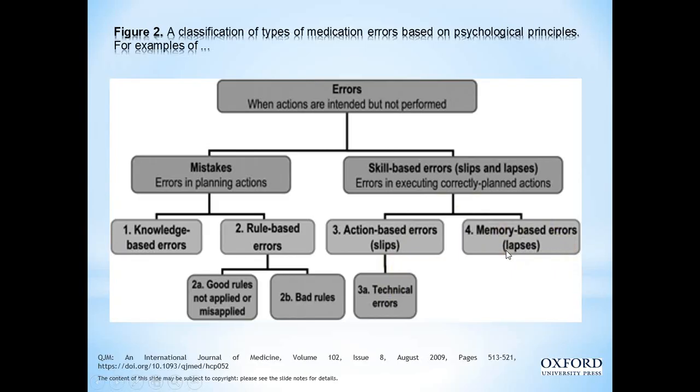Lapses are the gaps, that is, during the practice, during taking the action, you miss some point and you did not memorize it, such as whether we gave it or not. So these kinds of slips and lapses also happen in practice, and they may lead to medication error again.